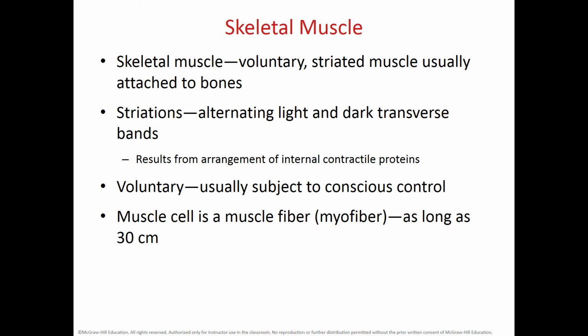And these skeletal muscle fibers have a pattern of bands, or striations, and this pattern can be seen in the microscope. Now, most of these skeletal muscles are attached to the bones.